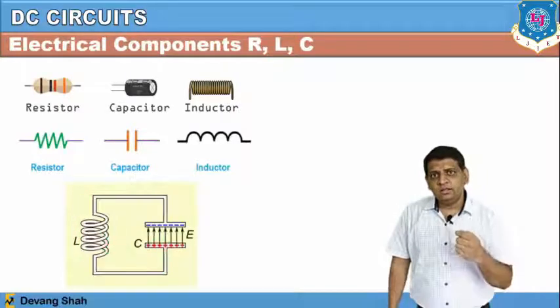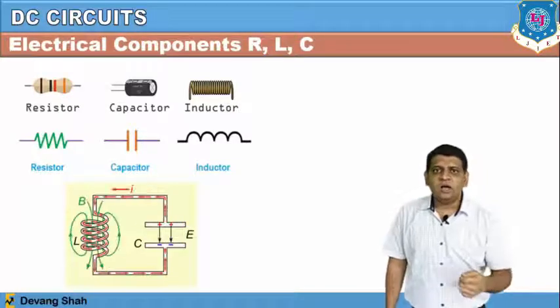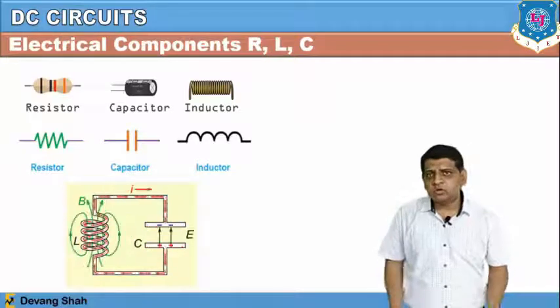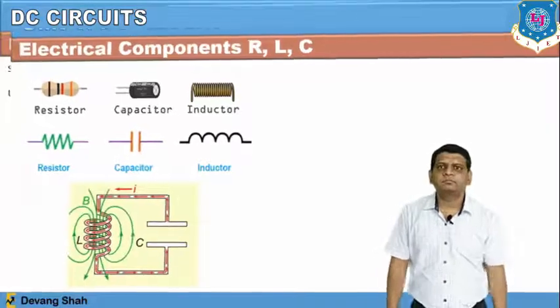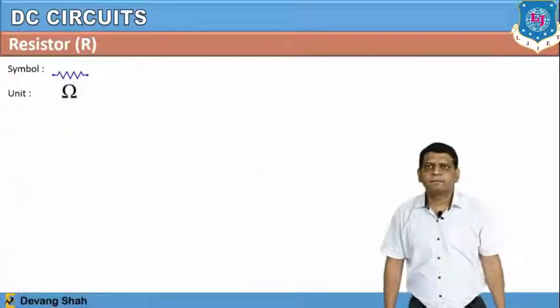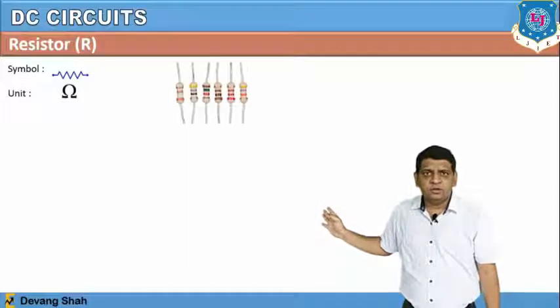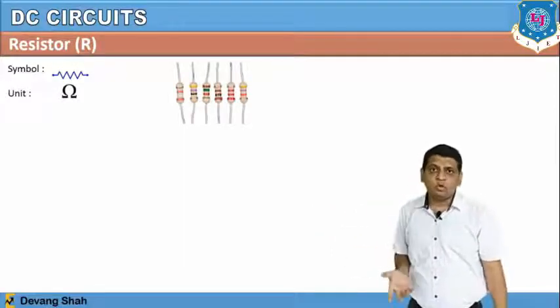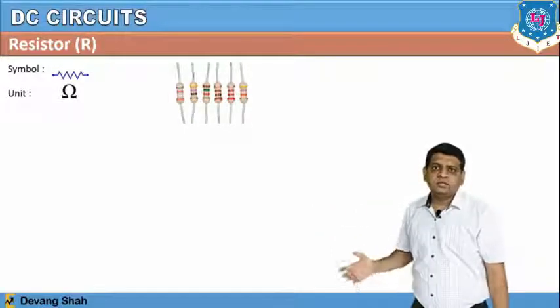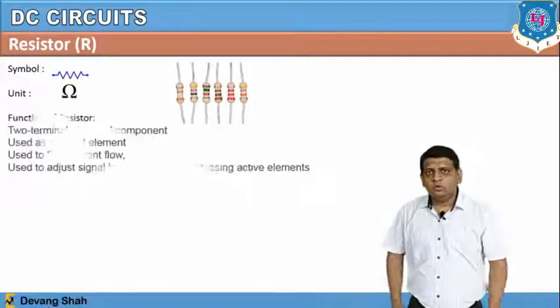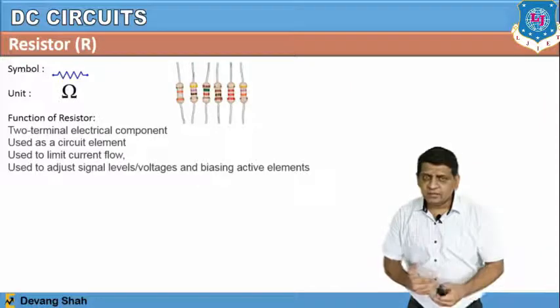So ultimately capacitor and inductor work with respect to time and give a response with respect to time. Resistance has a symbol and its unit is ohm, and when you go to the market and buy a resistance, it will look like this. Now you can use this resistance as a circuit element.